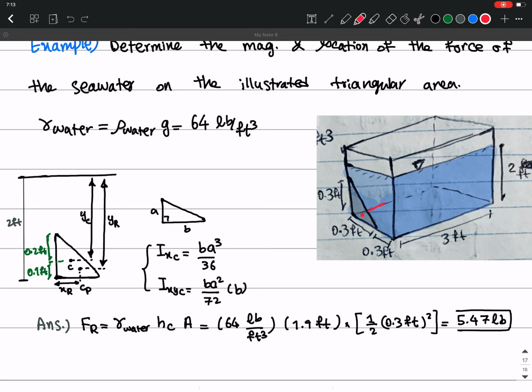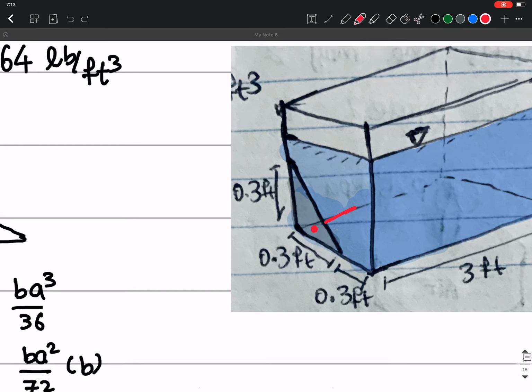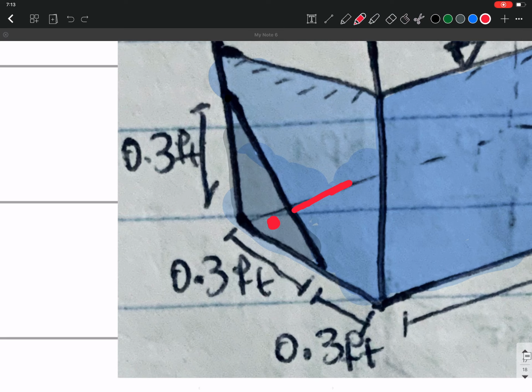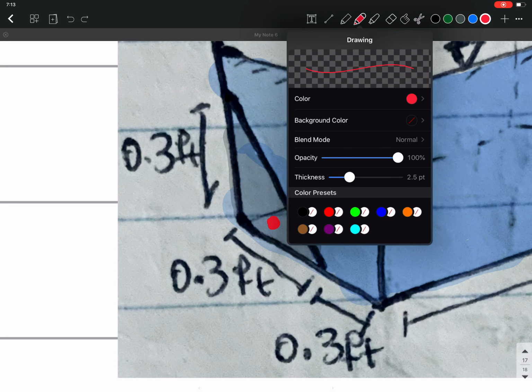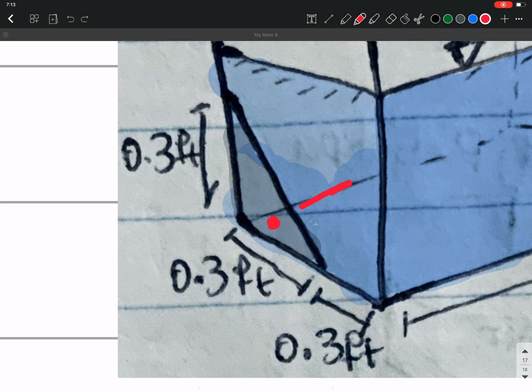You have to maybe zoom so you can better understand what I mean. So it's going to be something like this, right?